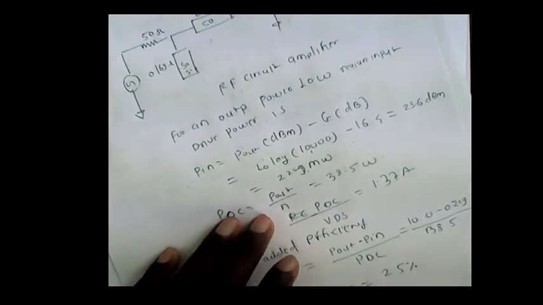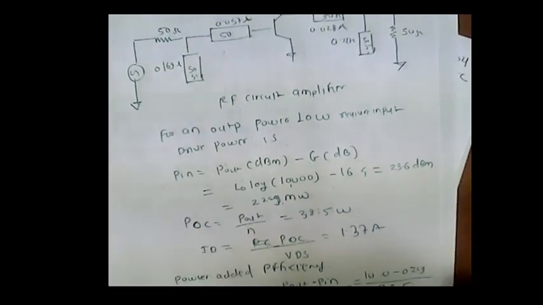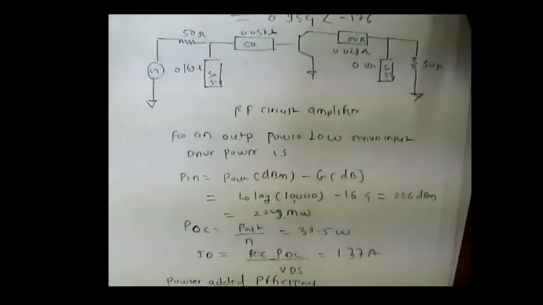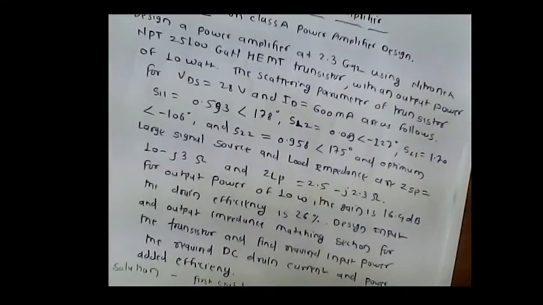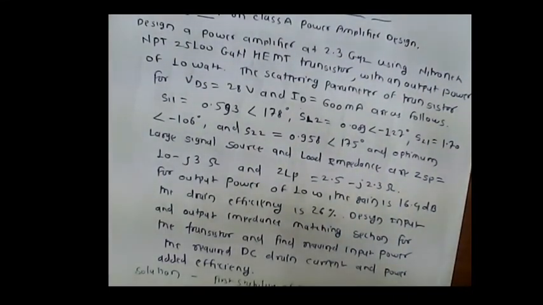So by using these equations, which we saw in the previous lecture, we can design a class A amplifier and calculate the various required parameters. In this lecture we discussed how to design a class A amplifier.